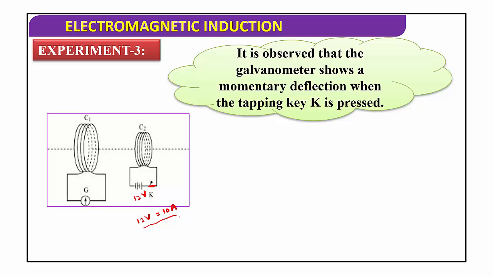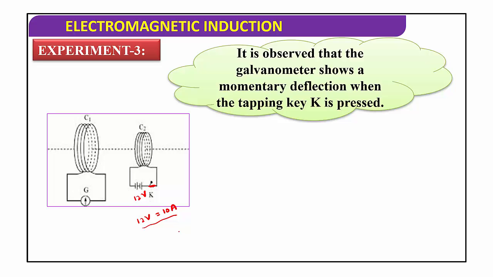When I press that tap key, suddenly 10 ampere current will not flow. Initially the current is 1 ampere, 2 ampere, 5 ampere, 9 ampere. At last we will get 10 ampere. So when we press the tap key, the current goes on increasing. At last it reaches 10 ampere.